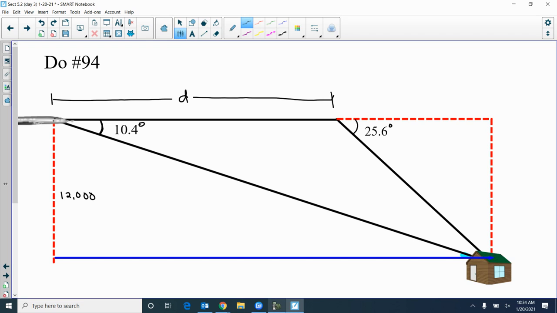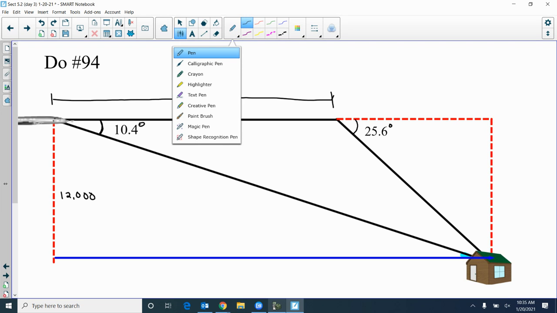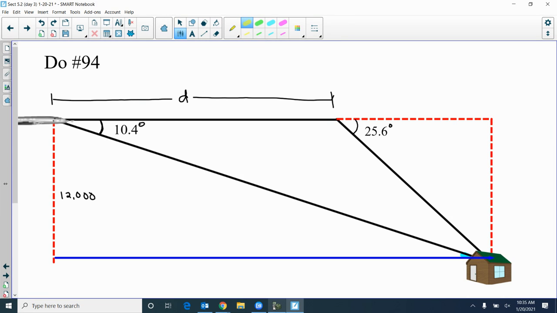Who's got it? Okay, what you got, Tyler? So you'll use the angle of depression for the starting one, 10.4. Okay. You'll do 12,000 divided by tangent of 10.4, which will give you the total distance from the plane to the building. So basically that distance there, right?